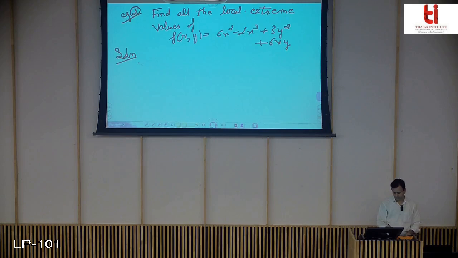So again, to see which are the critical points, we have to look for where the partial derivatives with respect to x and y are simultaneously 0 or undefined. For that we need to first find the partial derivatives. With respect to x, it is 12x minus 6x square plus 6y.